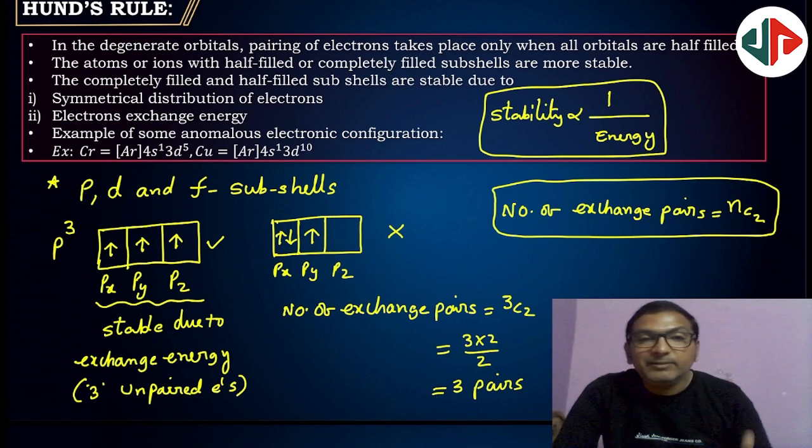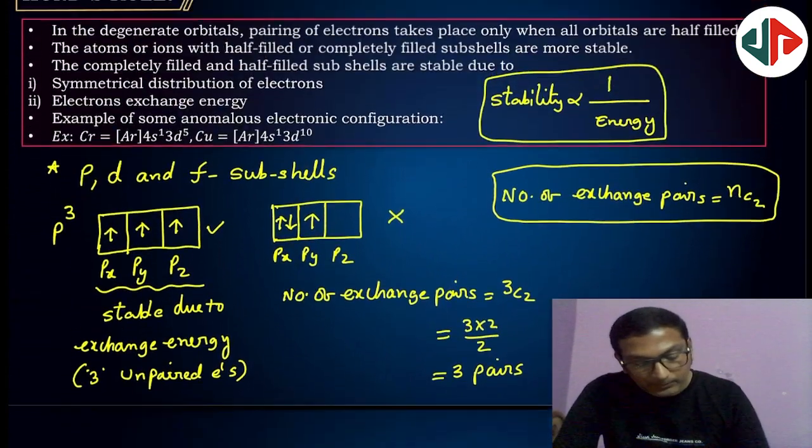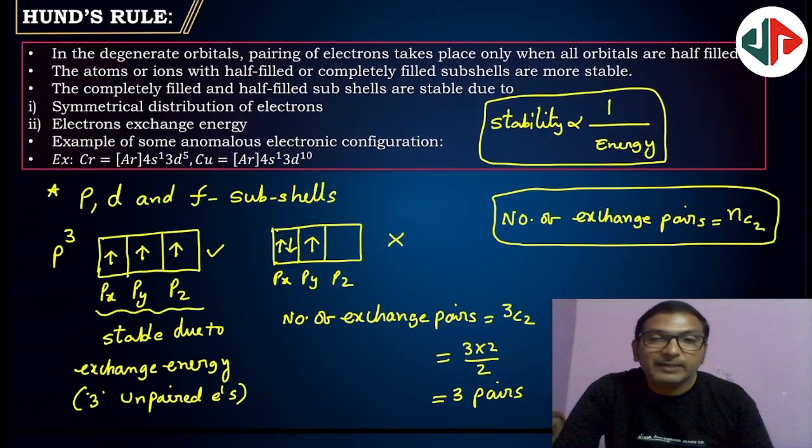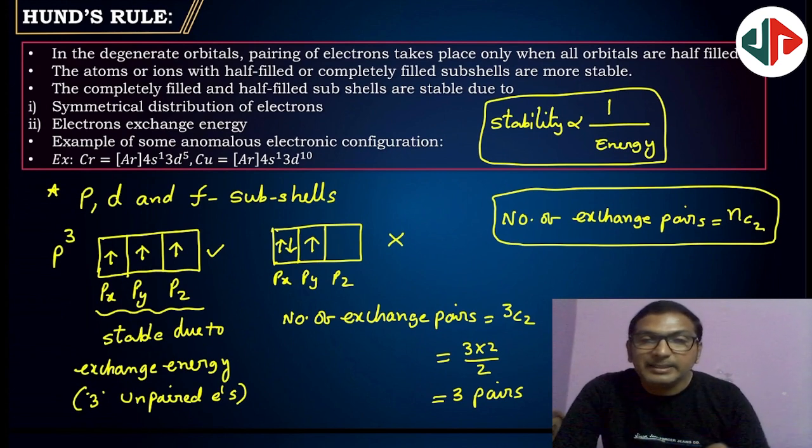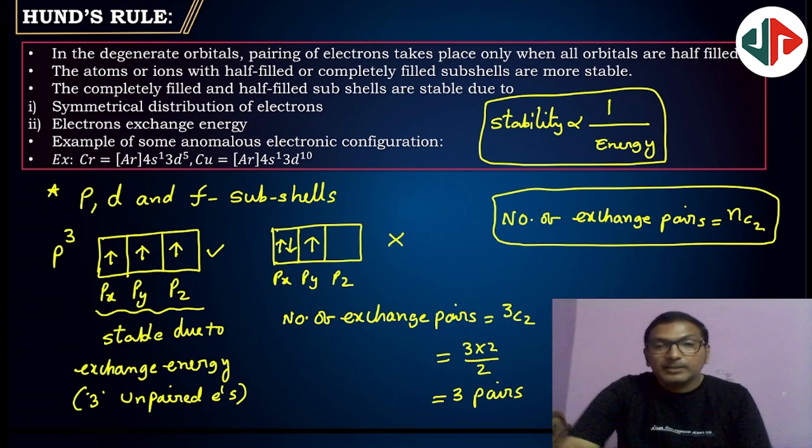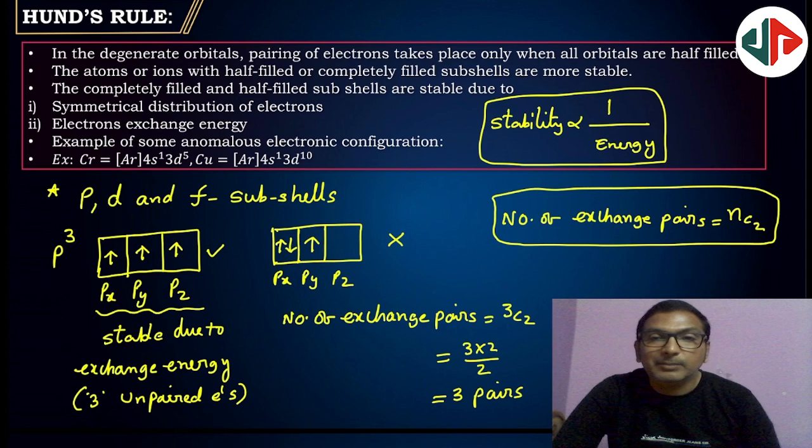If you take D5 configuration, 5C2 will be there, 5 into 4 by 2, which means 10 pairs. So the more the number of exchange pairs, the more the stability. Remember that point. Stability is directly proportional to the number of exchange pairs. In P3 configuration, we have 3 exchange pairs.